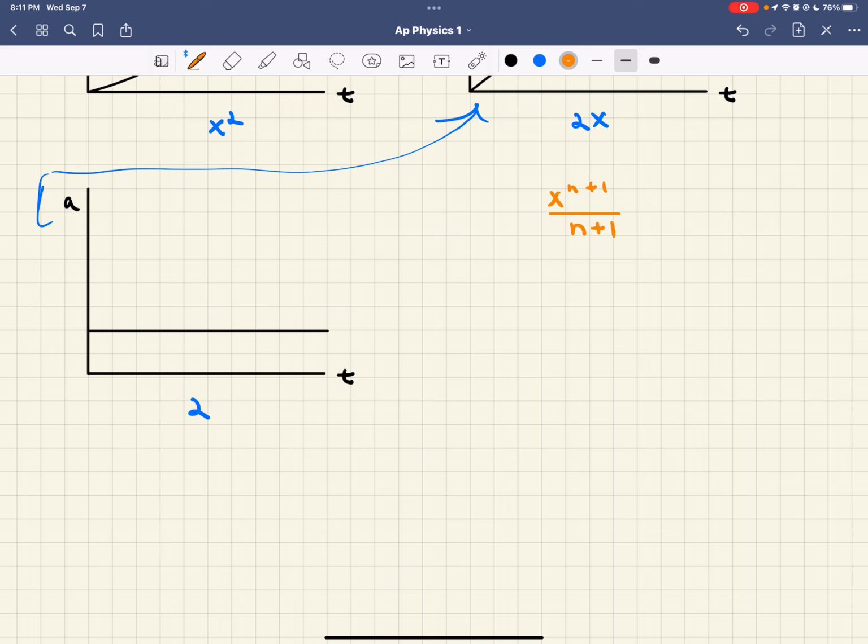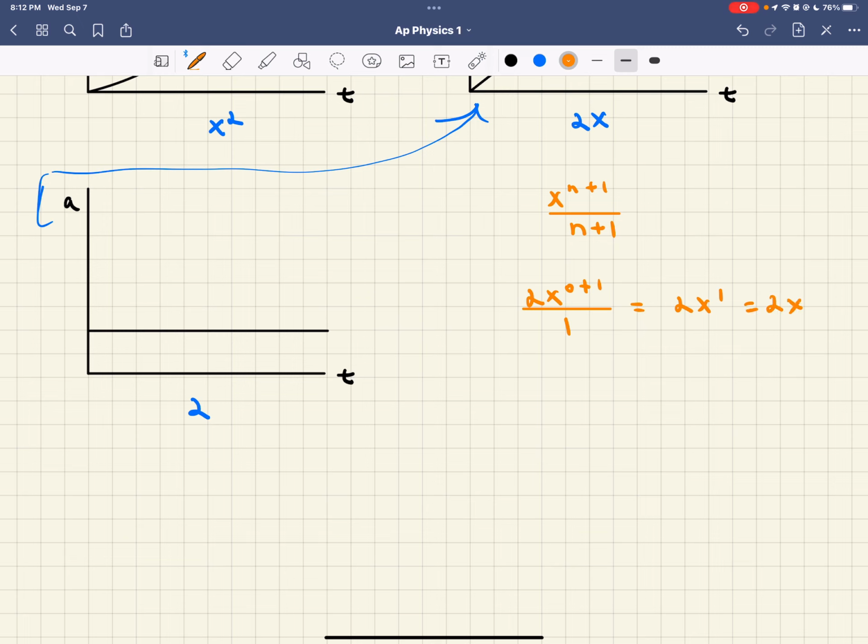So let's say it's 2x to the 0 plus 1 over 1. So you can see it is equal to 2x to the first power, which is equal to 2x.